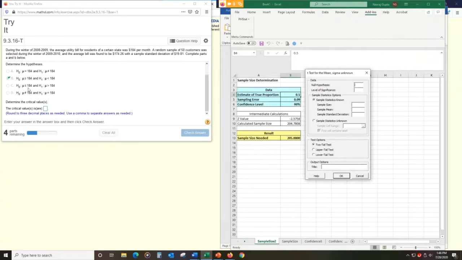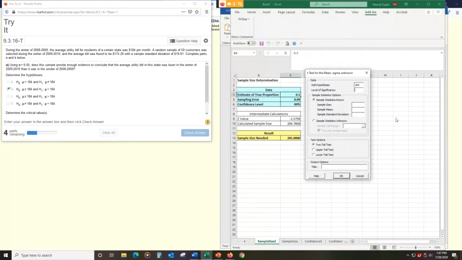Now, null hypothesis means what number you are claiming, 184. So you are providing here 184. What is level of significance? 0.05, right? So I'm providing 0.05. I'm given the sample size as 50. My sample mean is 174.26.